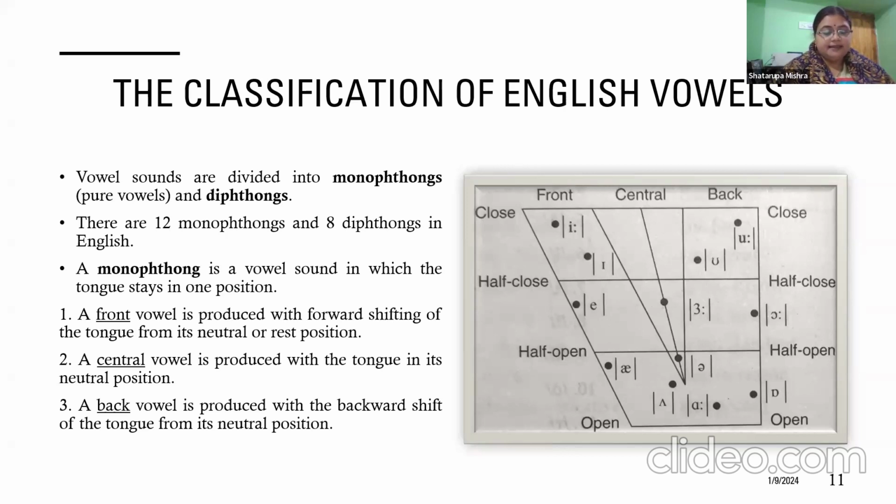Then short oo sound, back, rounded vowel between close and half close: put. Then long oo sound, back, close, rounded vowel: fool, stoop. Then a sound, central, unrounded vowel between open and half open.